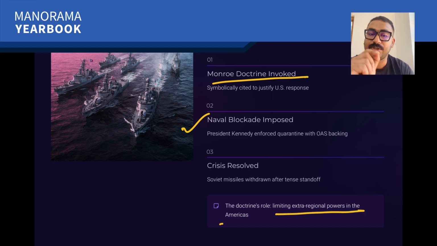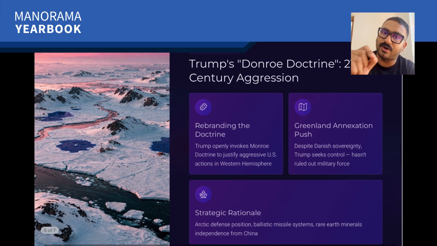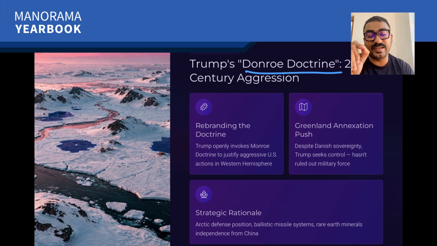Now fast forward to the present. We know that President Donald Trump has revived the Monroe Doctrine in a much more aggressive form. He has reinforced it while justifying actions in Latin America, and he has openly spoken about US dominance in the Western Hemisphere, even rebranding it as the Donroe Doctrine.